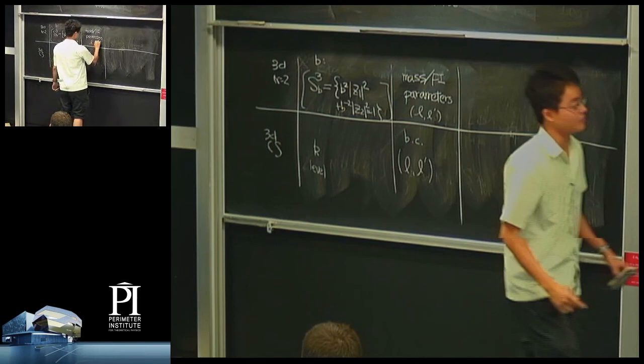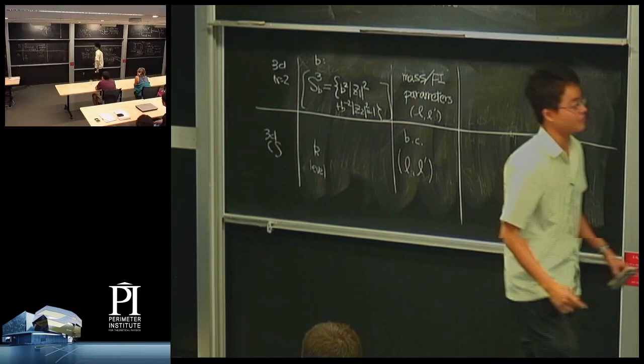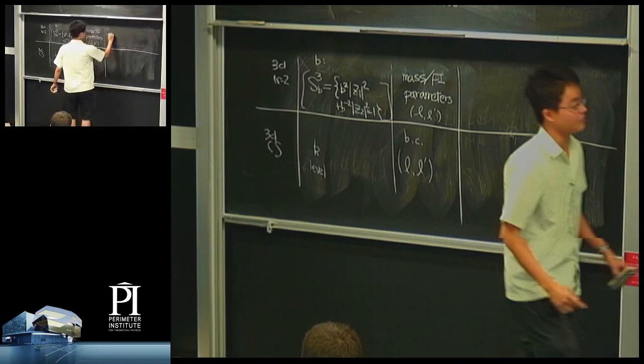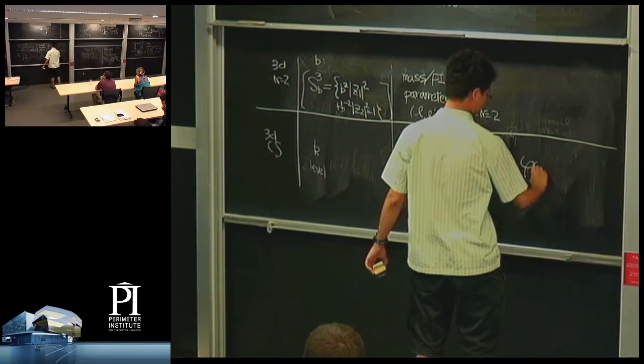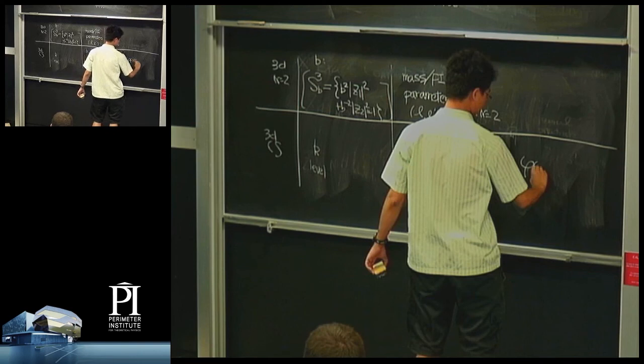I use the same notation, N and N prime. And then I was also talking about this sigma, which defines the N=2 theories. There's the same sigma here, which is part of the definition, and also there's phi, the element of the mapping class group.